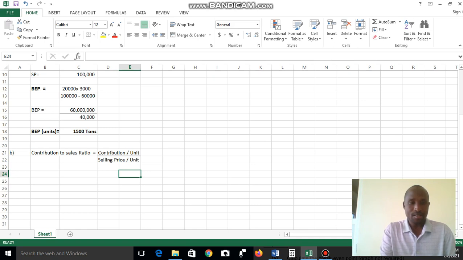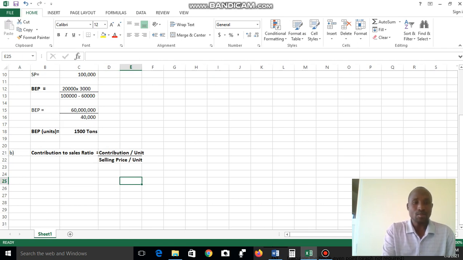So this is the formula: contribution to sales ratio equals contribution per unit over selling price per unit.